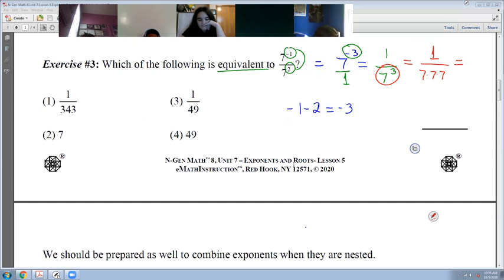What is 7 times 7? 49. What is 49 times 7? Let me multiply it. It should be 240. I need 300. 343. Do we have such an answer? Which one? Oh, it is 1. Okay, it is 1.